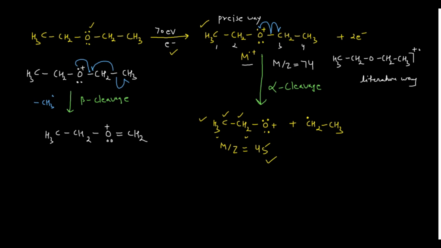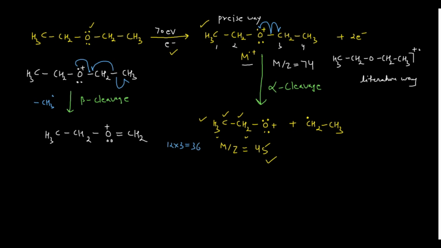How am I producing this species? See, for the formation of one bond you will always require a pair of electrons. So one electron is coming from this fragmentation pattern, and one odd electron is already there, which is coming here making a double bond. Now only the positive charge is there. If you count the molecular weight of this particular ion, you can see 3 carbons are there, so 12 into 3 gives you 36.